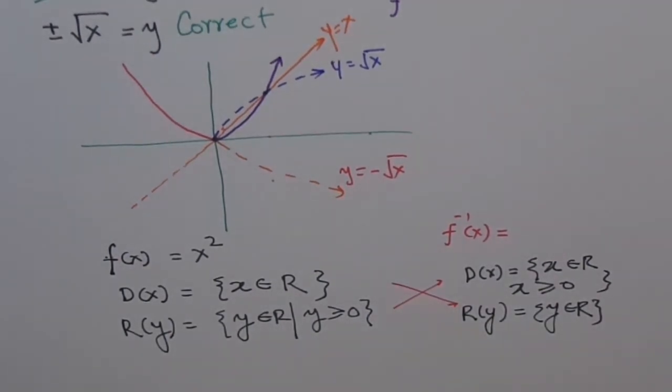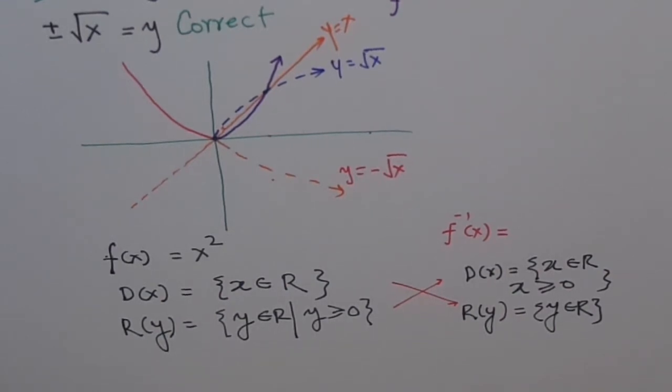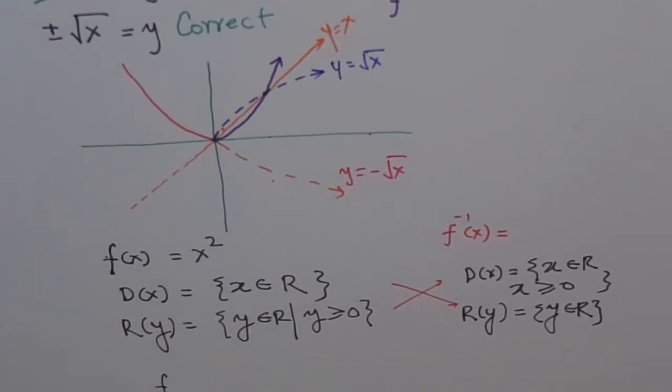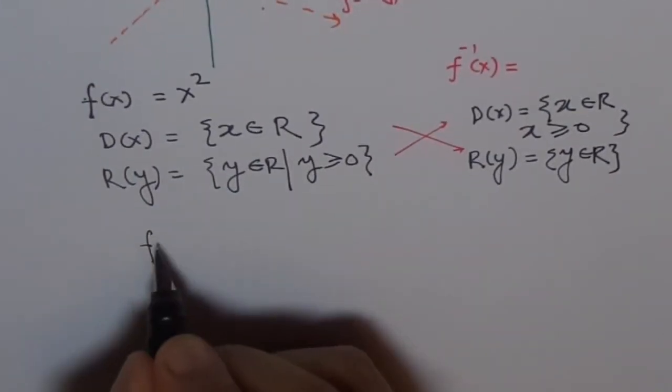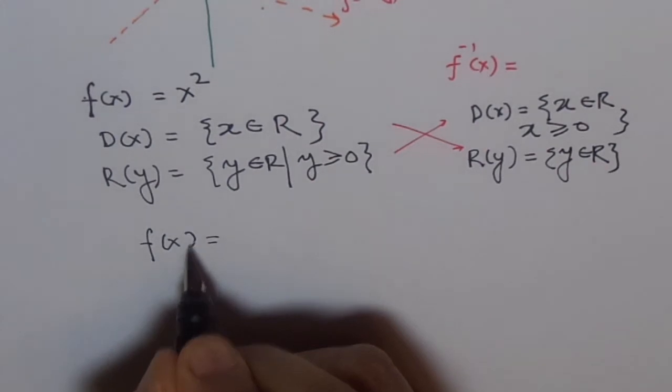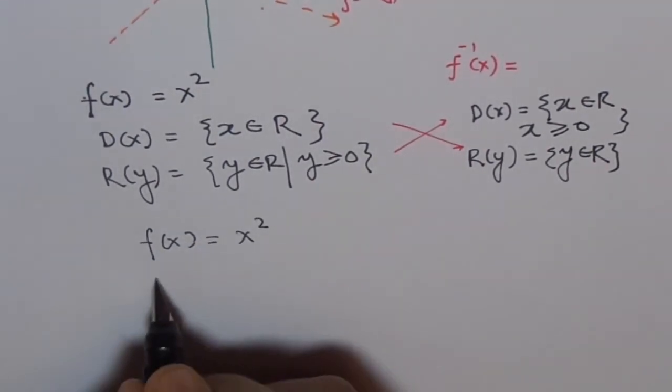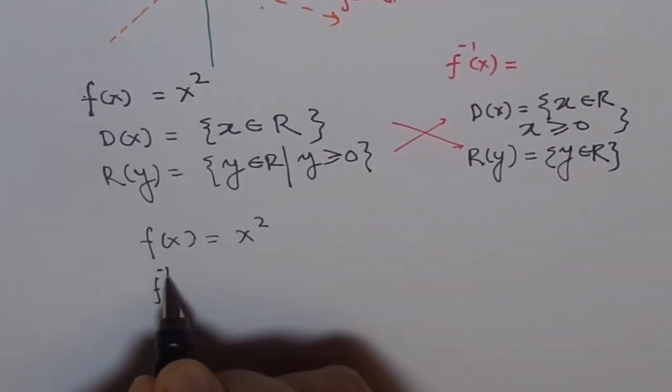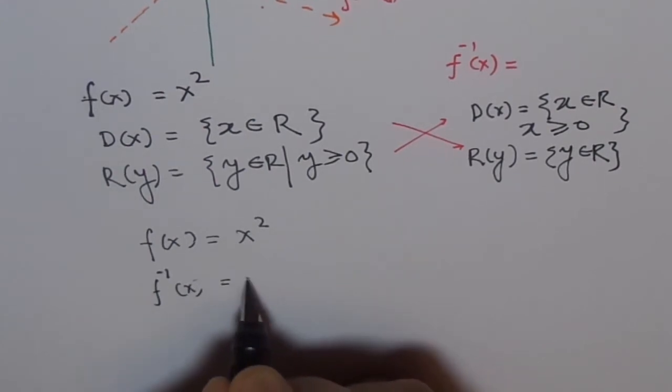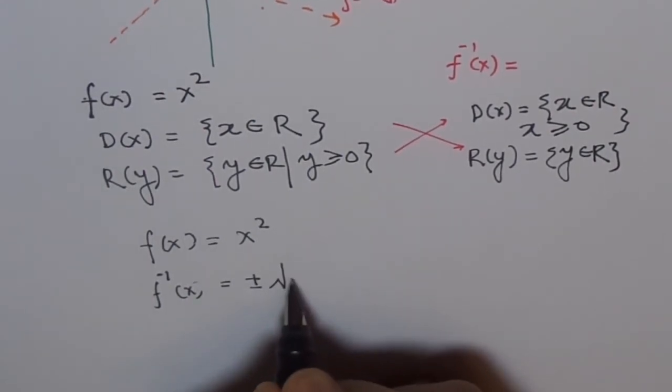So in either way, whether you see it from the graph or from the mapping diagram or from the equation as such, we find that the inverse of a quadratic function, if f(x) = x², then f inverse of x is equal to plus and minus square root of x.